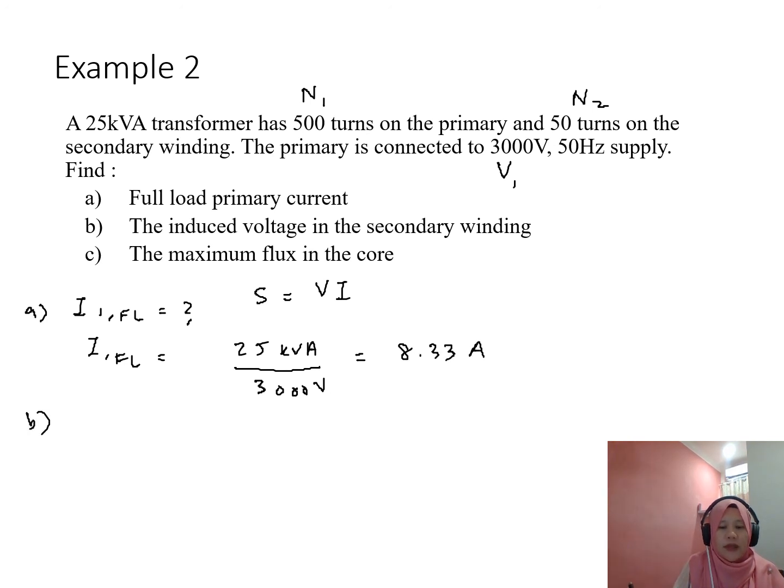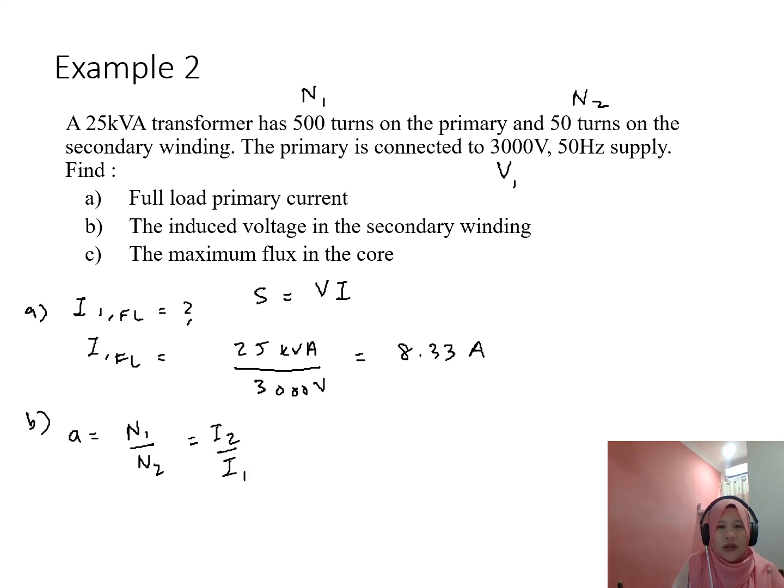For B, calculate the secondary voltage. We know that the turn ratio A is equal to N1 divided by N2, and this is equal to I2 divided by I1.